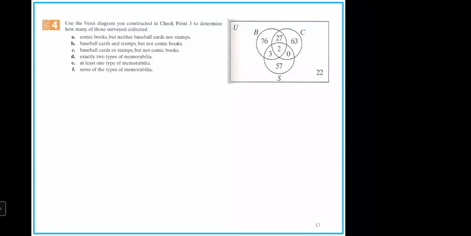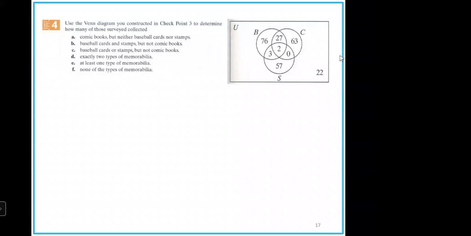So baseball cards and stamps would be right here. Right, so it was 3. I was just wondering if I was supposed to include the 76 and the 57. Now, if it said or, oh, okay. So the answer is 3.